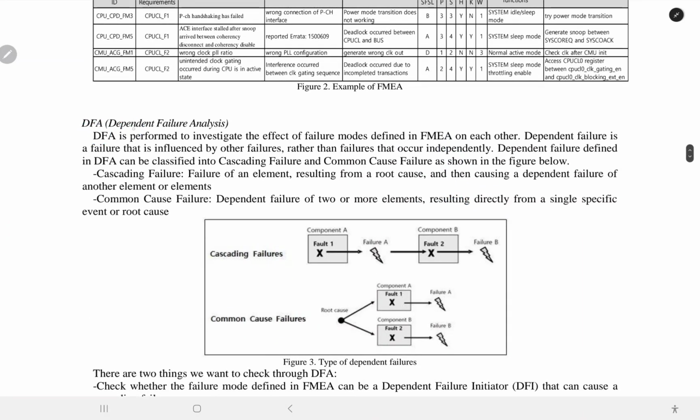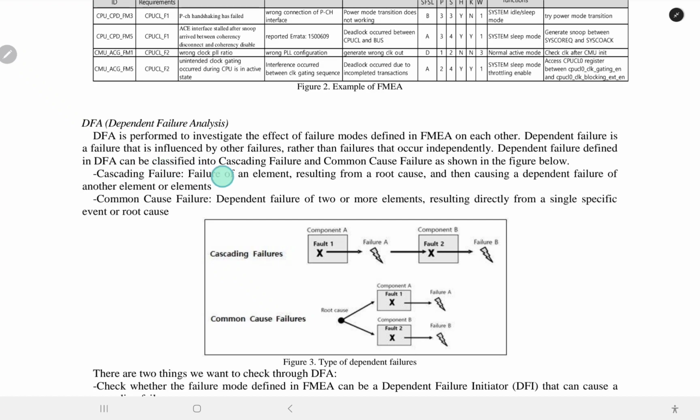DFA, dependent failure analysis. DFA is performed to investigate the effect of the failure modes defined in FMEA on each other. A dependent failure is a failure that is influenced by other failures than the failures that occurred independently. Dependent failure definition in DFA can be classified into cascading failure and common cause failure as shown in the figure below.